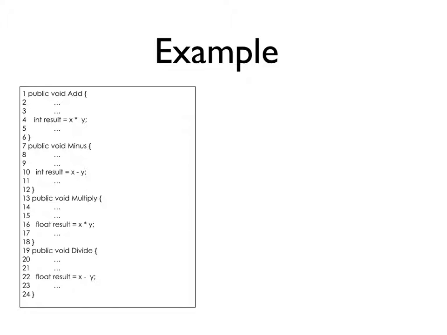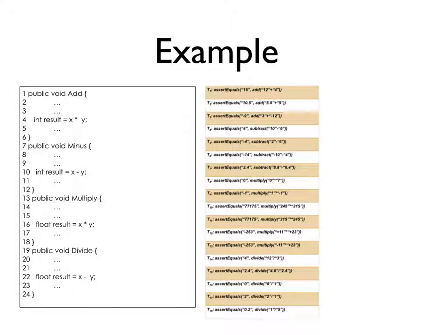Here shows the main part of the app's source code. 18 test cases are created to test the app's functionality. By running all the 18 test cases, 2 bugs are found in the original app, and 2 fixes are made to lines 4 and 22 where the operators are changed.